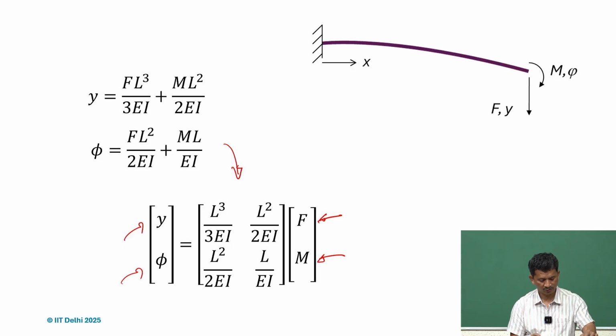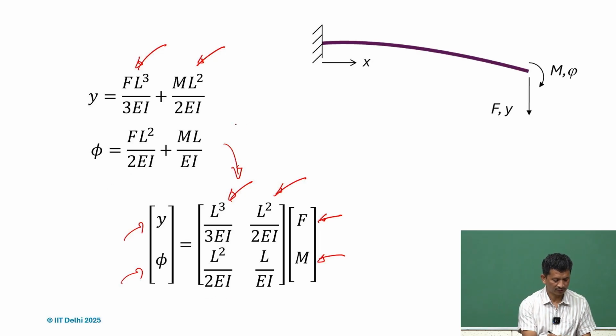With respect to F, the coefficient is L cubed by 3EI. With respect to M, the coefficient is L squared by 2EI. Likewise, from the phi equation we can get these two terms.